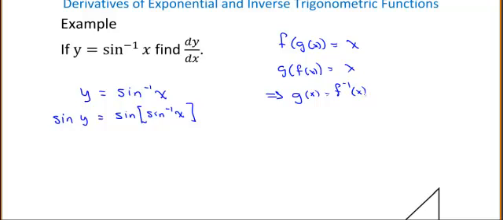Since sine and sine inverse are inverses of one another, they compose to form the identity. So this is the same thing as x equals sine of y.